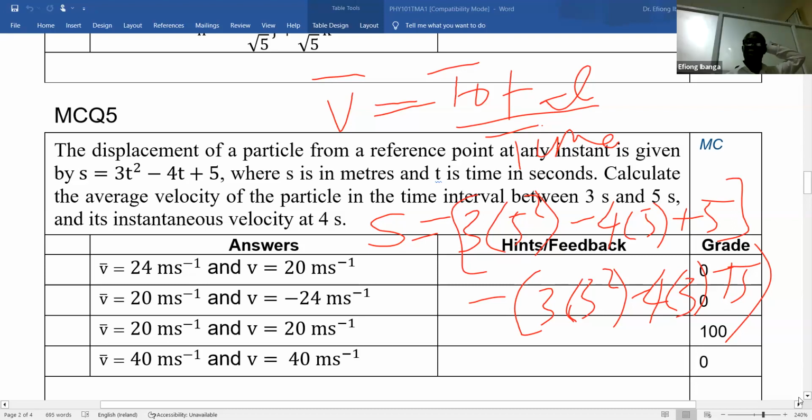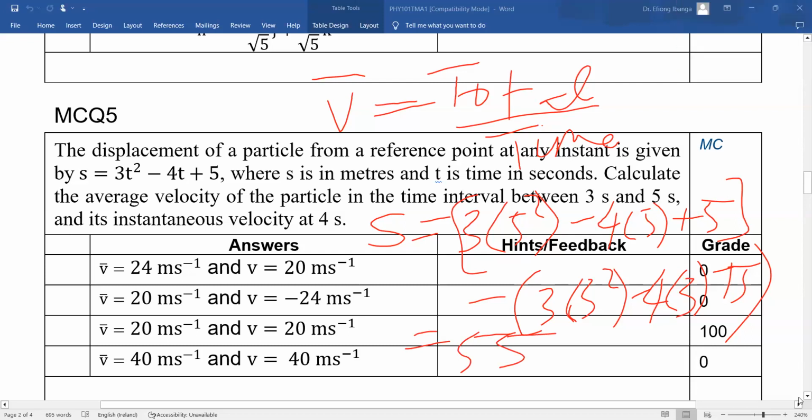All right. So this is going to give, please be careful what you are calling out, 55. Then this one is going to give 9 times 3, which is 27. Then minus 12 plus 5. 27 plus 5 is 32, minus 12 is 20.